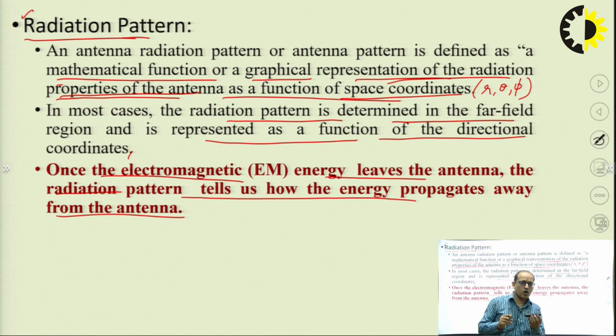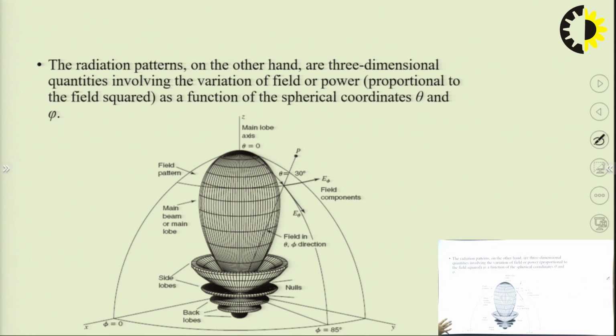This tells us how the energy propagates in space, whether it is produced in this direction, in this direction, or in any direction, and with what intensity it will be propagated in space. So the radiation pattern tells us about this.